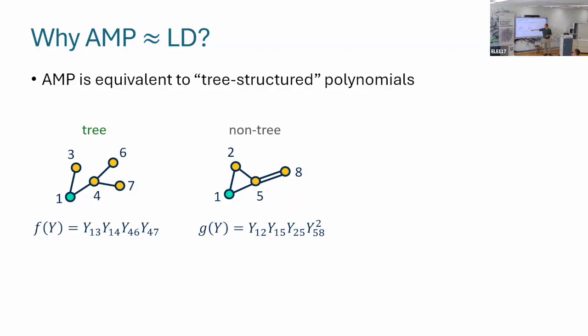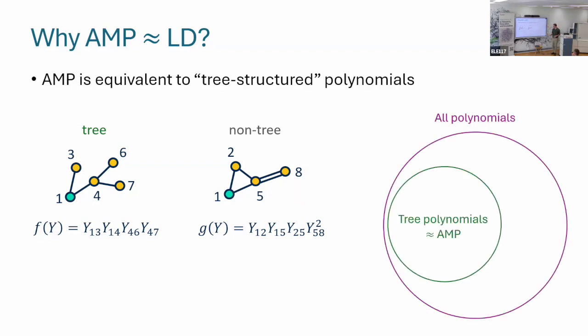If I see Y sub 1,3, I connect the vertices 1 and 3, and so on. Tree-structured means monomials whose graph doesn't have cycles, whereas non-tree would be anything else, so if it has a cycle or a double edge or something. And a tree-structured polynomial means any linear combination of tree-shaped monomials. Is that okay?